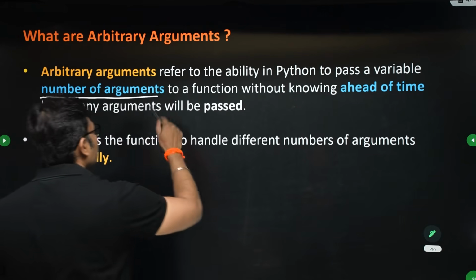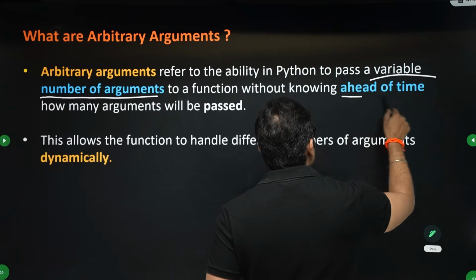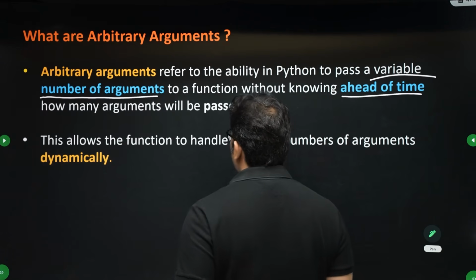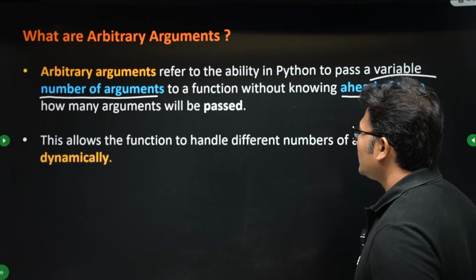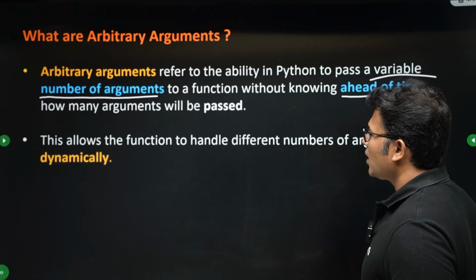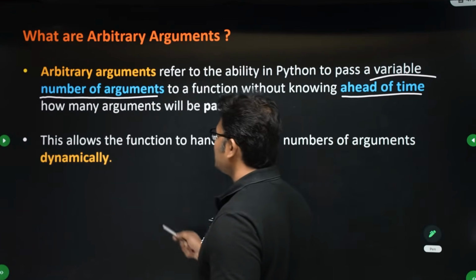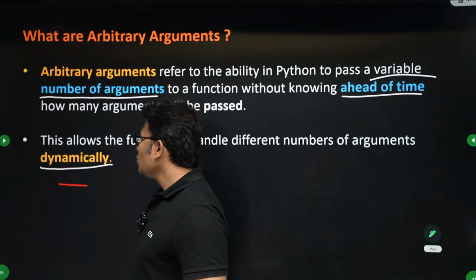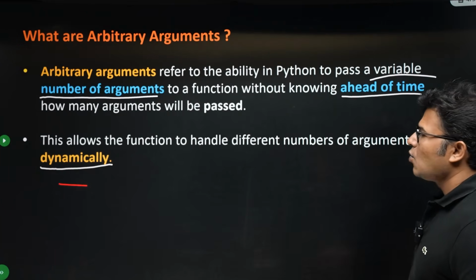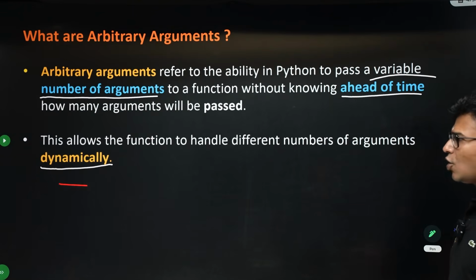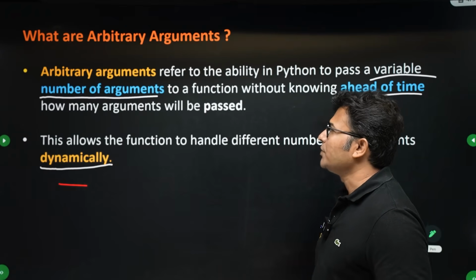We don't know how many arguments we have to pass ahead of time. These arbitrary arguments allow the program to handle the arguments dynamically, which means you don't know beforehand what arguments are to be passed or how many arguments there are. Then you can use the arbitrary arguments.